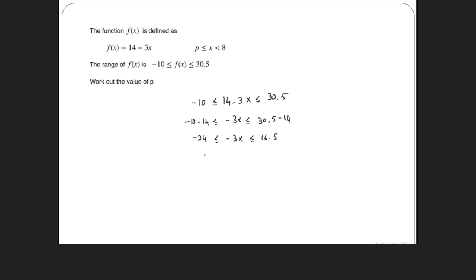Then we can multiply the inequality by minus 1. When we multiply by minus 1, the inequality changes. Less than or equal to changes to greater than or equal to, and greater than or equal to changes into less than or equal to.